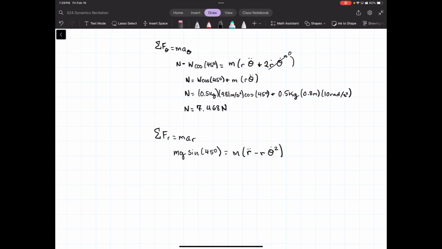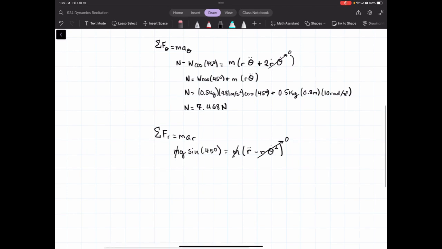So we already know that this term is going to be 0 because our theta dot is 0. And then we can go ahead and cancel out our mass terms because those are on both sides. And then we'll get that gravity times the sine of 45 degrees is going to equal the acceleration in the radial direction. And r double dot is going to be 6.937 meters per second squared.